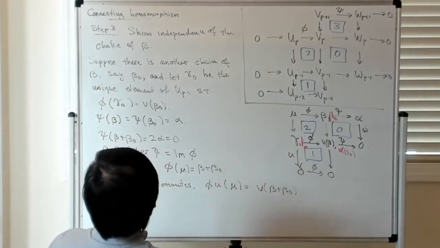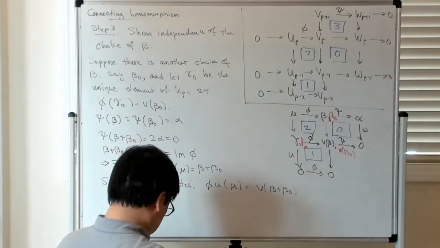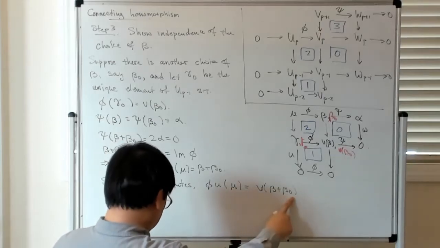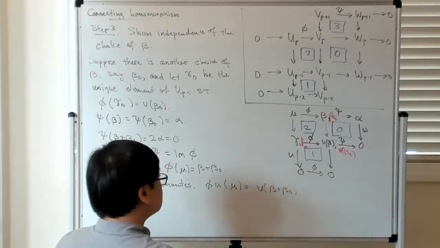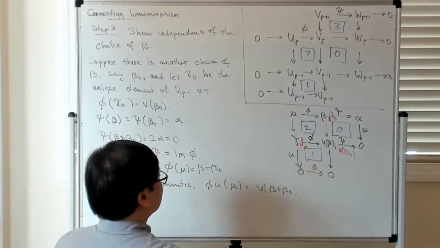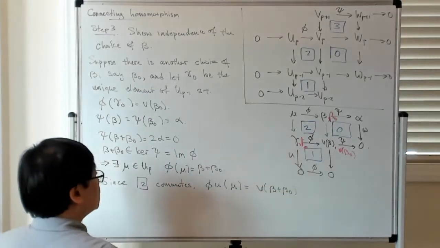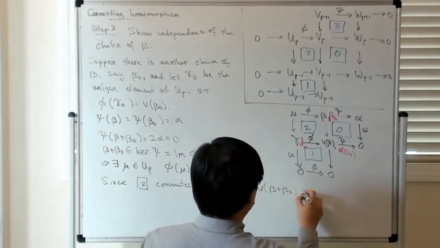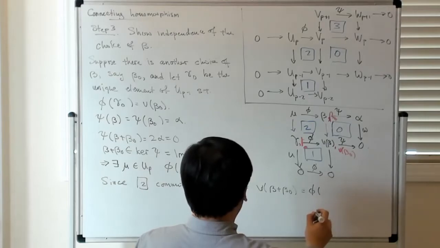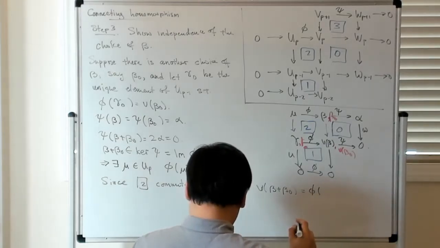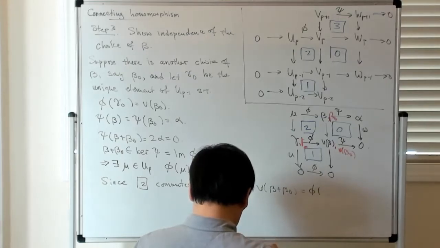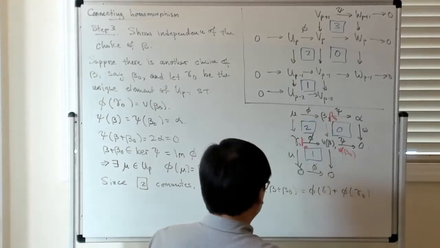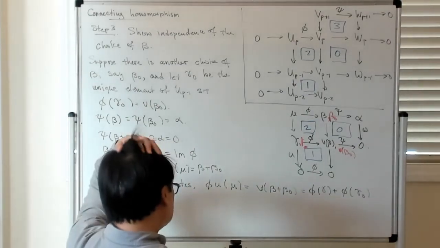Okay, so v of beta plus beta 0, but v of beta and v of beta 0 are coming from gamma and gamma 0.